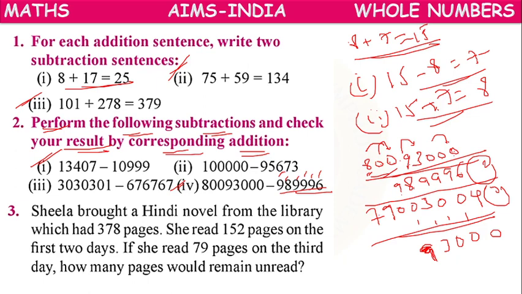Sorry, from 10, 9 goes, means here 1 actually, because from 10, 9 removed means we get 1 here. So 9 plus 1, 10. 1 is remaining here. 9 plus 1, 10. 7 plus 1, 8. So you will get the same number, 8009300. So you can do subtraction and cross check with addition. You will get the same answer.